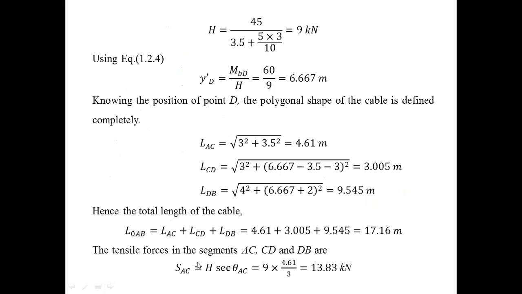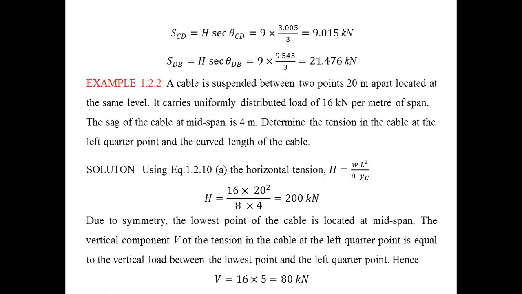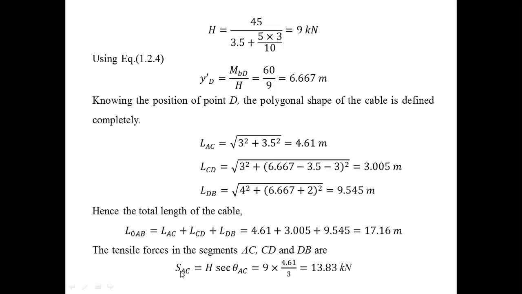So the tensile force in segment AC, CD, DB: again you can take the geometry of the figures and find the H. ఇందులో ఏముంది, H is so for segment AC, tensile force is denoted by SAC. Then what is the cos theta?